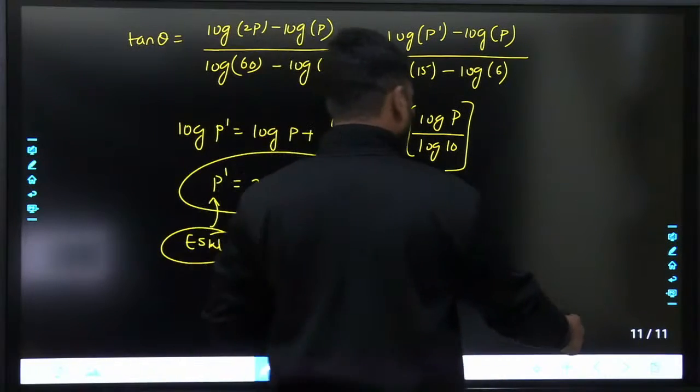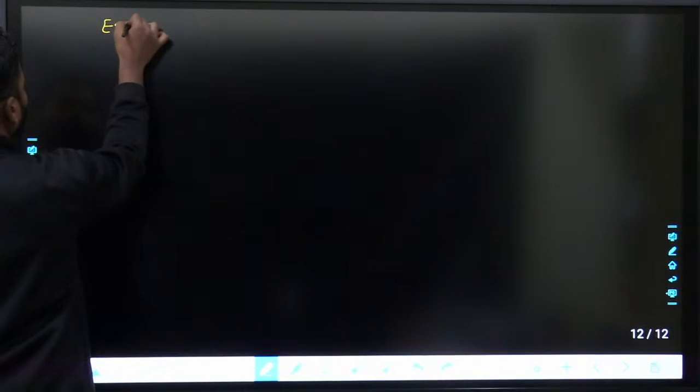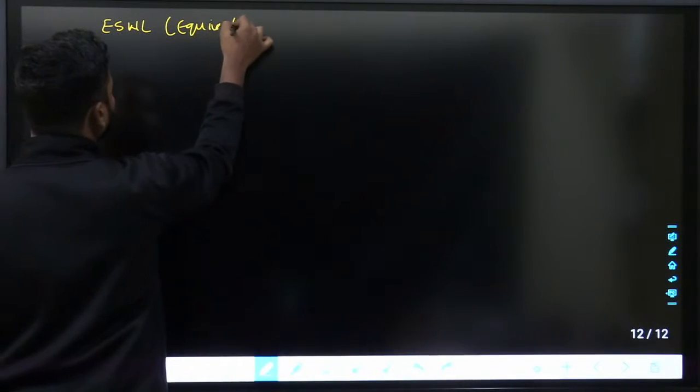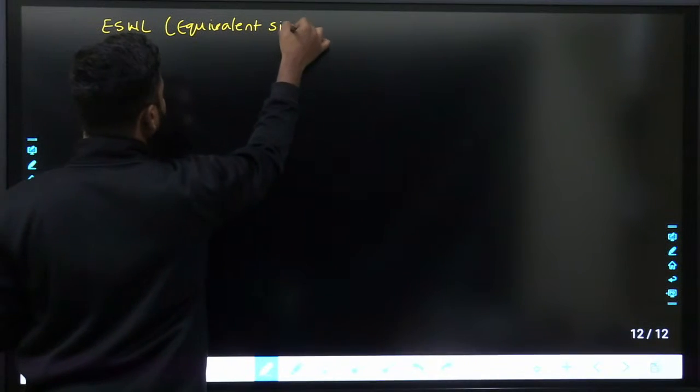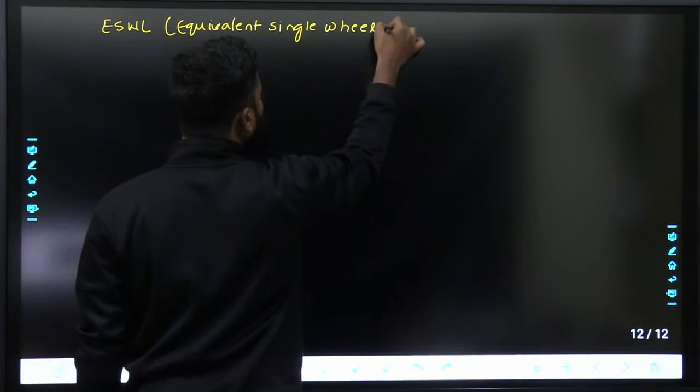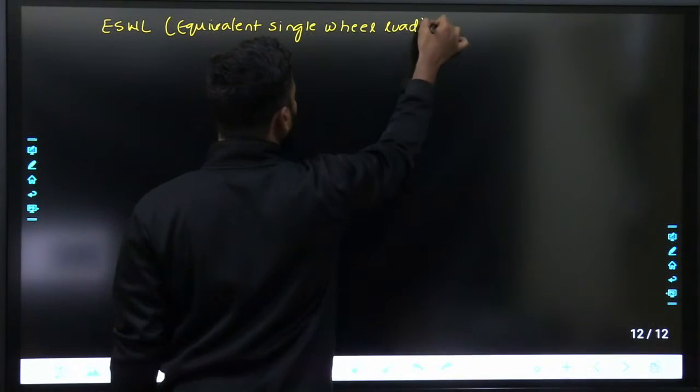So finally, how am I going to define this? ESWL, equivalent single wheel load.